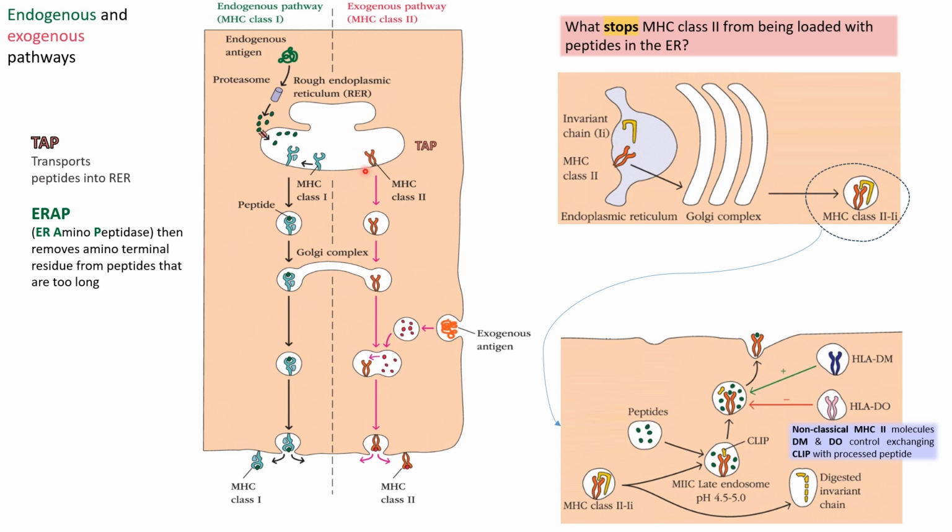So the MHC is made here, whether 1 or 2. But for the case of the exogenous pathway, these transport vesicles that go from the endoplasmic reticulum to the Golgi take the MHC class 2 without any peptides.